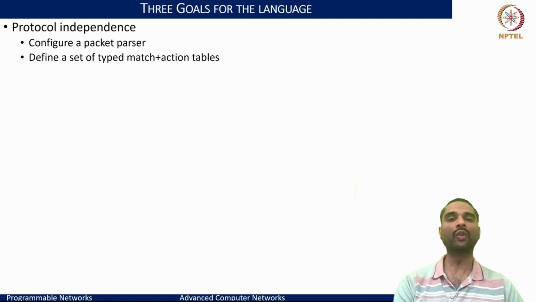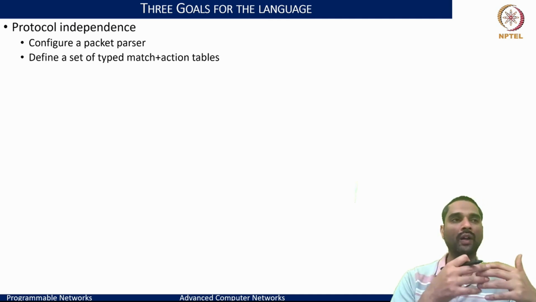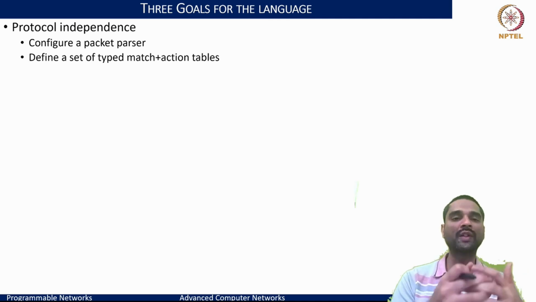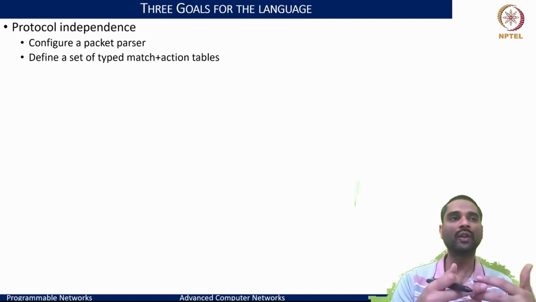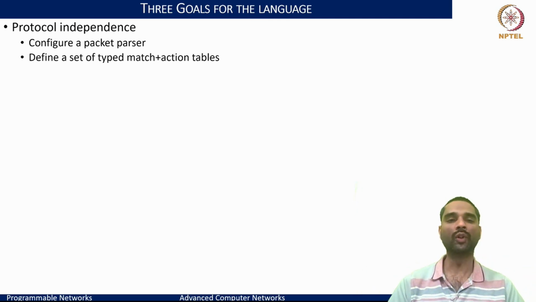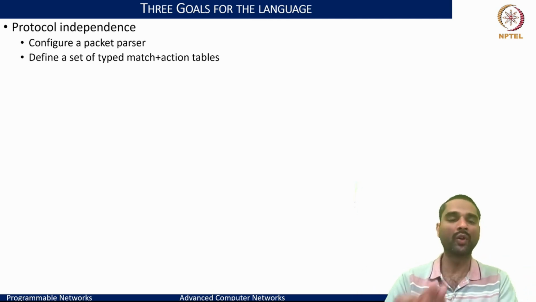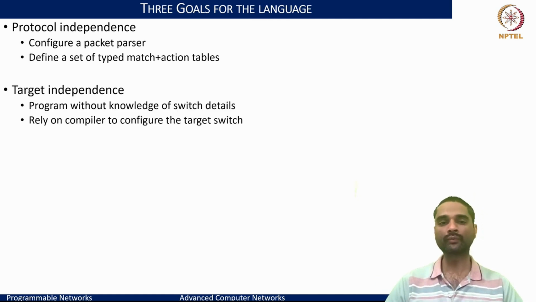That is, when we try to configure a parser, it has to be defined on a set of typed match and action patterns or headers. And there is no notion of a fixed set of headers that you would want to match. Every header that you would want to build is something that a switch should be able to learn and be programmed to understand.